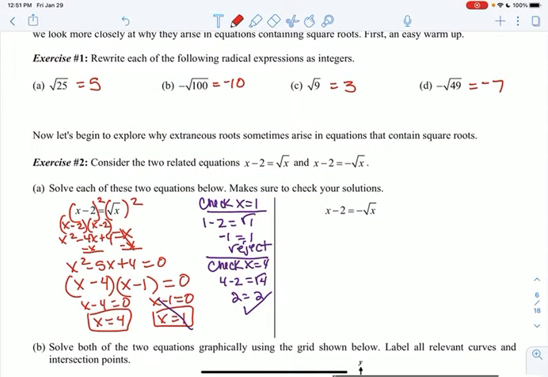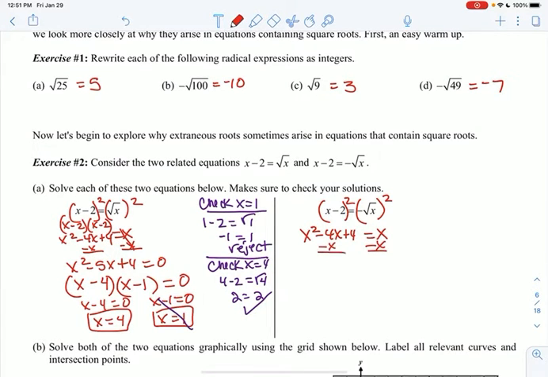Again, I have to square this to get that x by itself. So to undo a square root, I square it. So I have negative square root of x squared, which is going to give me x. And x minus 2 squared, we just did that on the other side, is x squared minus 4x plus 4. I subtract x.